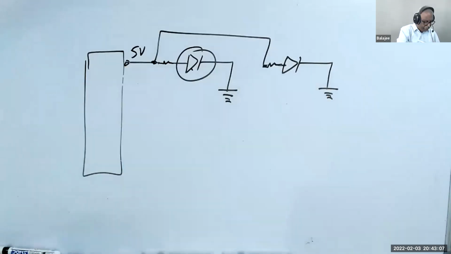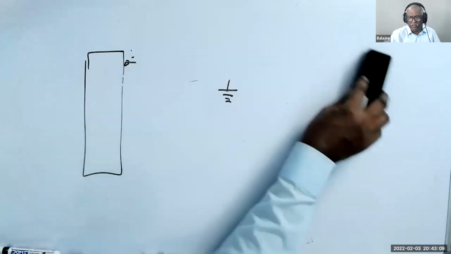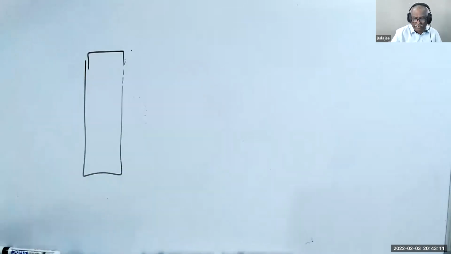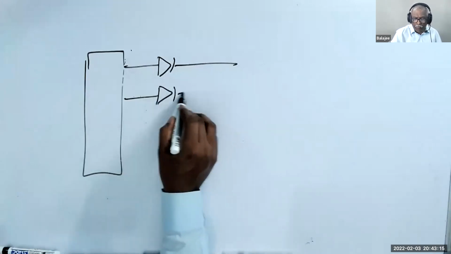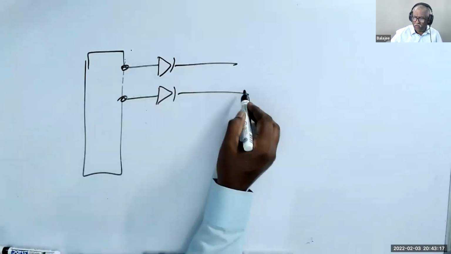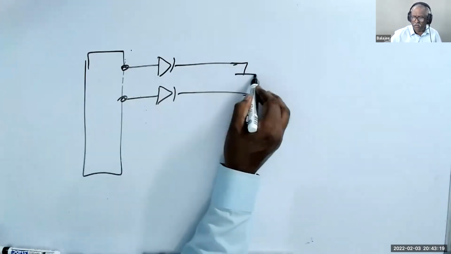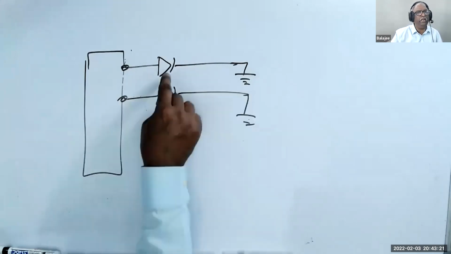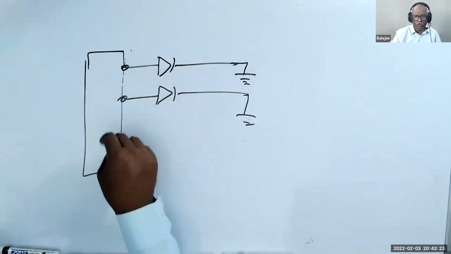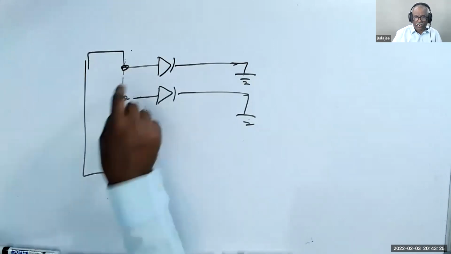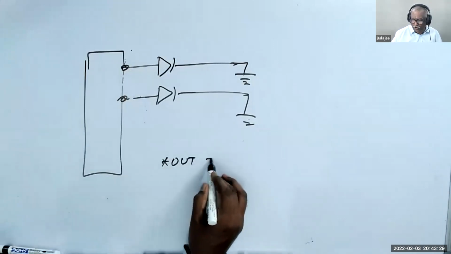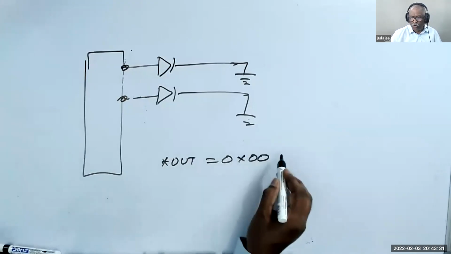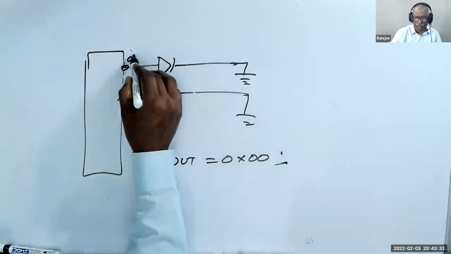So normally we think to control 2 LEDs, we need 2 pins. Am I right? To control the LED, I need how many pins? 2 pins. If I out is equal to 0x00, both will be off because you are giving 0 volt.